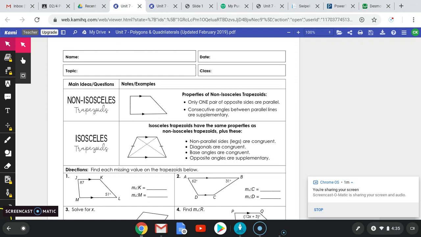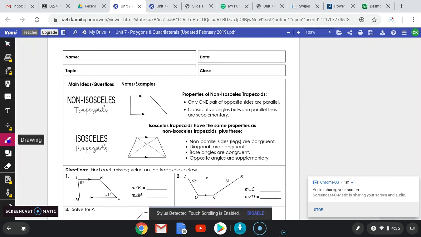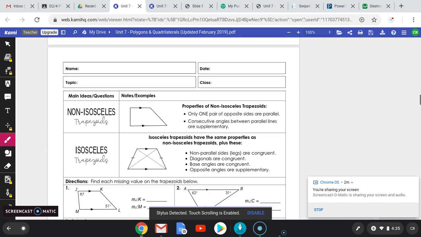The base angles, just like in an isosceles triangle, are congruent: this angle right here is congruent to that angle, and this angle here is congruent to that angle. And what's kind of cool is that these opposite angles, the ones I'm circling, are supplementary. There's a proof to understand why, and maybe we will get to that.